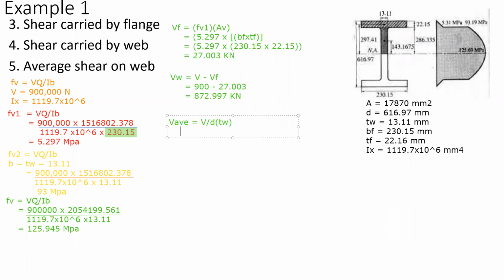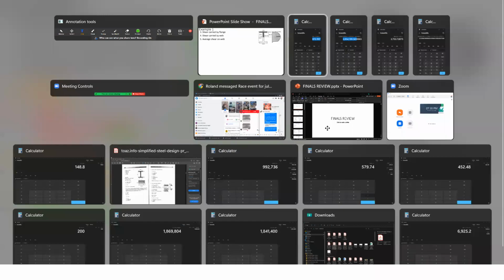Ayan. So we have 900,000 divided by D, that is 616.97, times the thickness of the web, that is 13.11. And let's put that into our calculator.